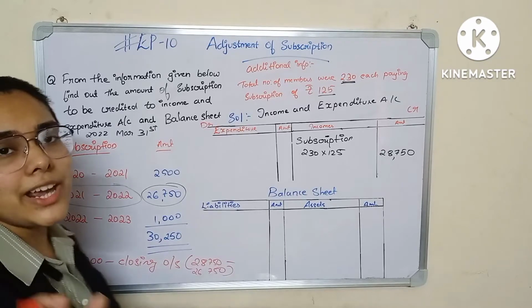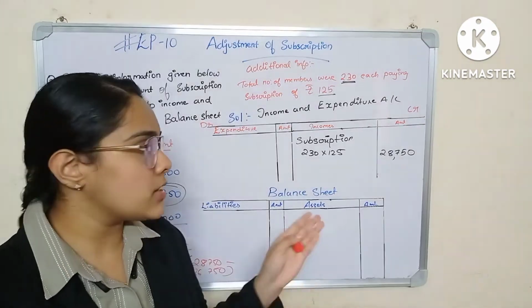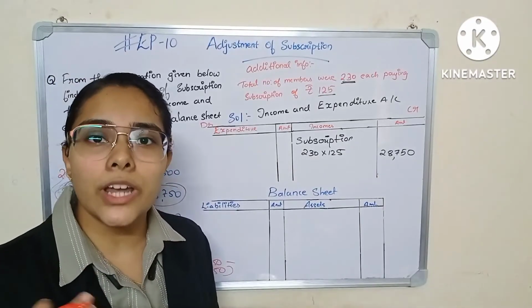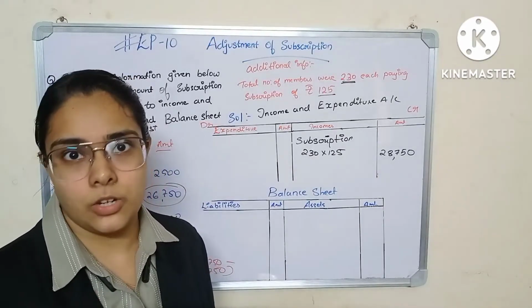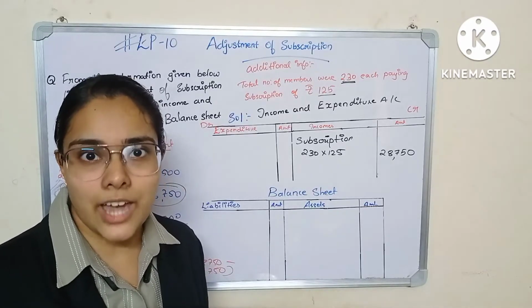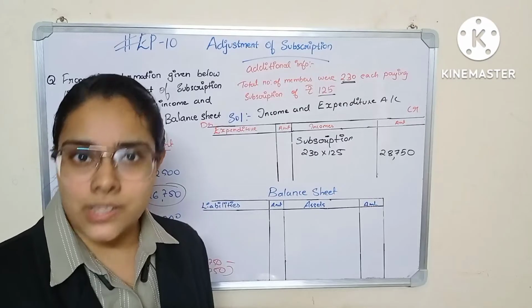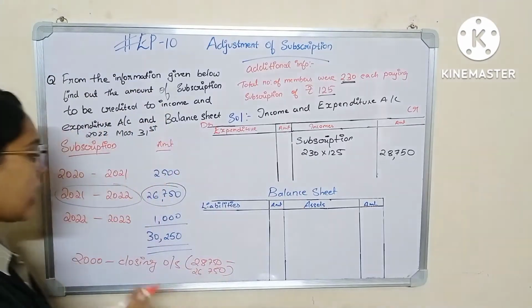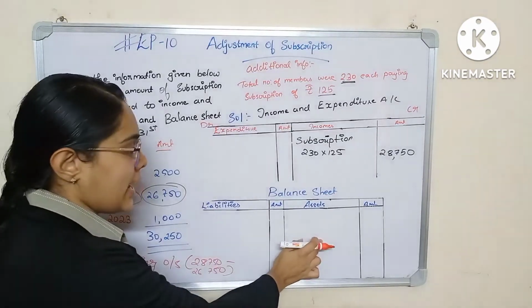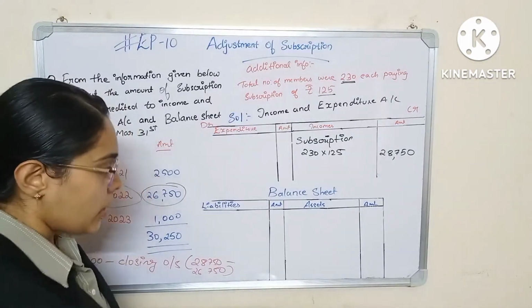So subscription is an income, and it is credited to the income and expenditure account. Similarly, accrued incomes are all your assets. You have the right to receive that amount, right? So that is an asset for you. So you will show the outstanding subscription on the asset side of your balance sheet. How will you show it?